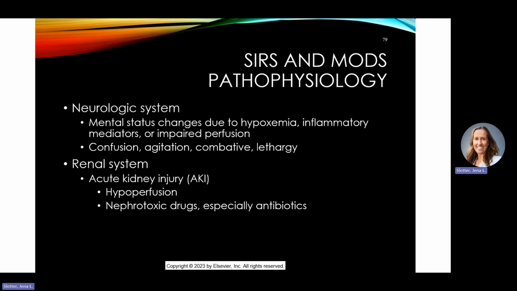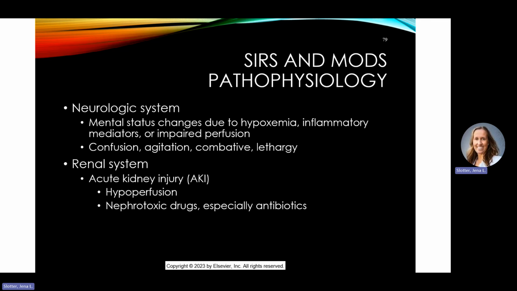Neurologic system, we're going to see a lot of confusion, agitation, combativeness, or sometimes lethargy based on decreased perfusion to the brain or hypoxemia. As far as the kidneys, we're going to see AKI, obviously due to our hypoperfusion.